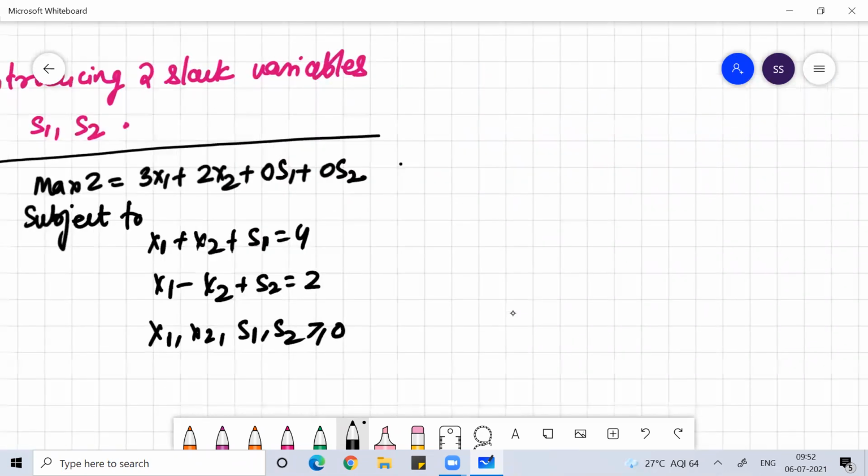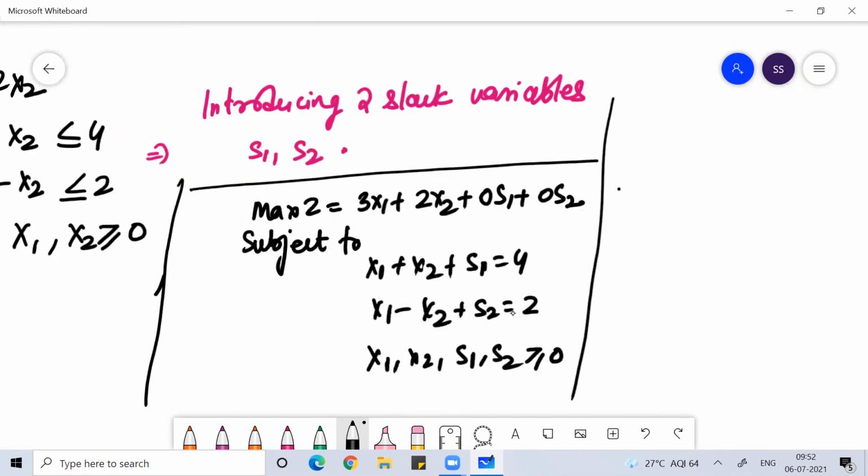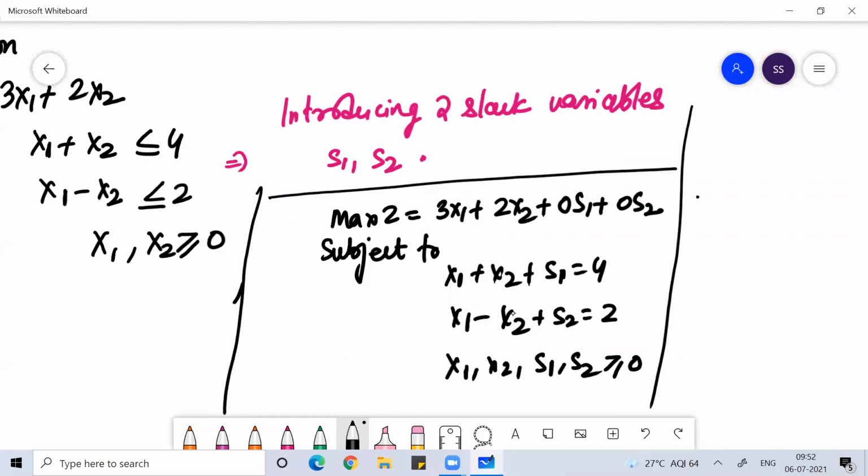Now I can write the data which I wrote in algebraic form also in matrix form. This way of representing the data is called standard form.